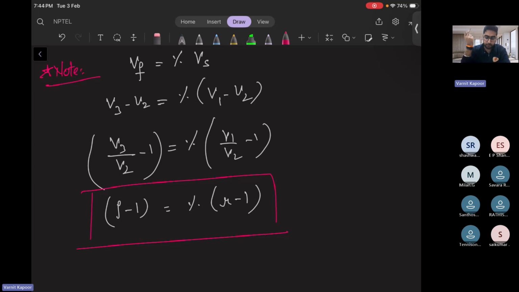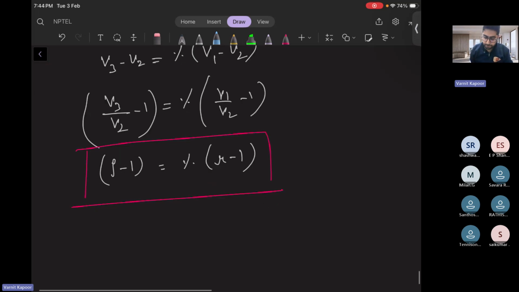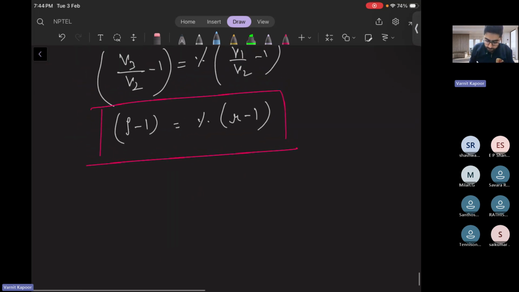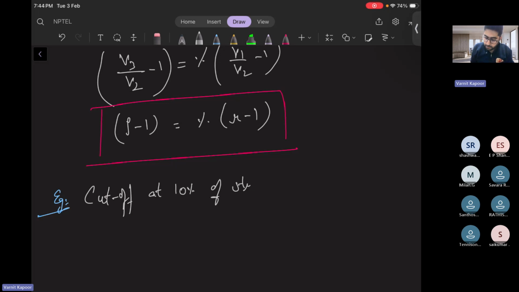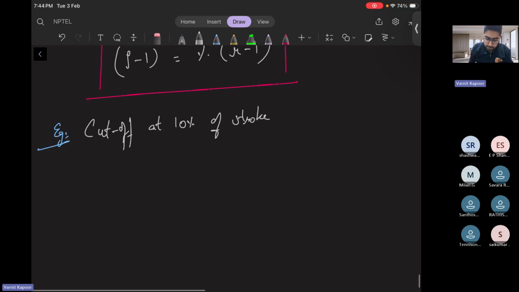If I'm saying, suppose for an example, cutoff at 10 percentage of stroke, that means my volume at position 3, when the cutoff has completed, will be 0.1, 10%, times the swept volume, plus the clearance volume will also be there.